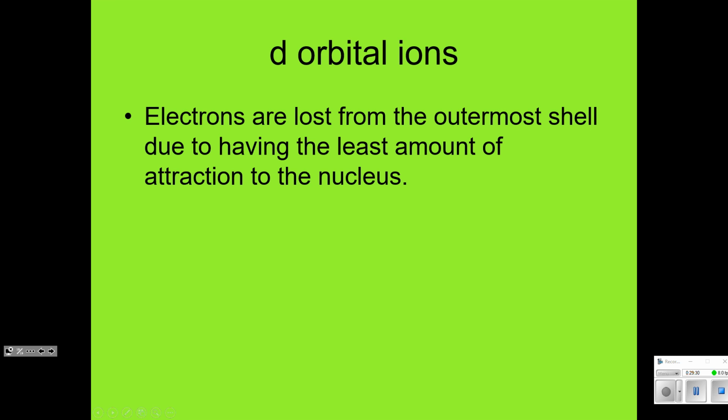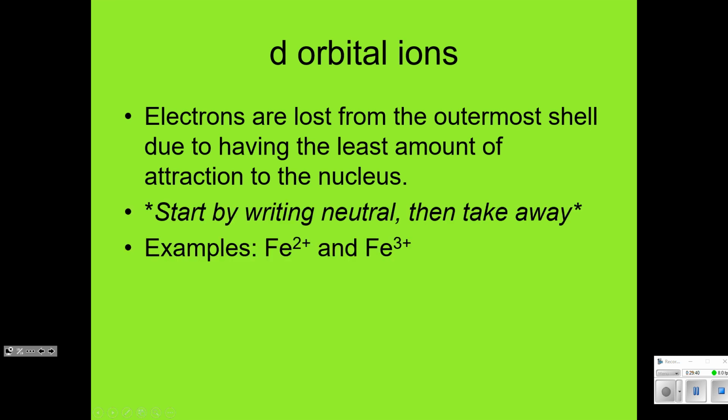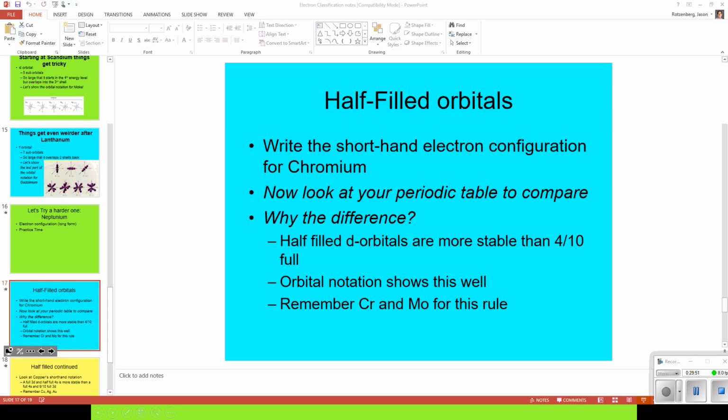Electrons are always lost from the outermost shell, because those are the ones that are furthest away from the nucleus. There's less attraction there. So what I'm going to do is show you examples dealing with iron. If you flip to the back page of your packet, these are the examples I'm going to go over. And what I suggest is to start writing it out neutral and then taking it away.